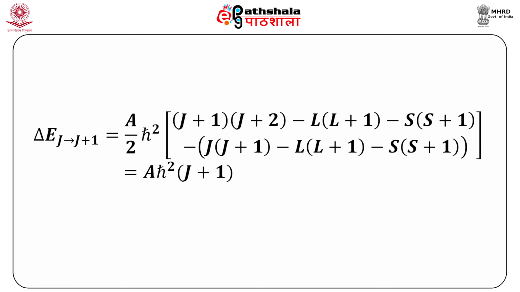So since this was a transition from J to J plus 1, J plus 1 is the larger value, and that is why the interaction energy is equal to A into H cross square into J plus 1. This can be used to determine the value of J from which the transition occurred, and also to determine whether the Russell-Saunders coupling scheme is valid in this particular case.